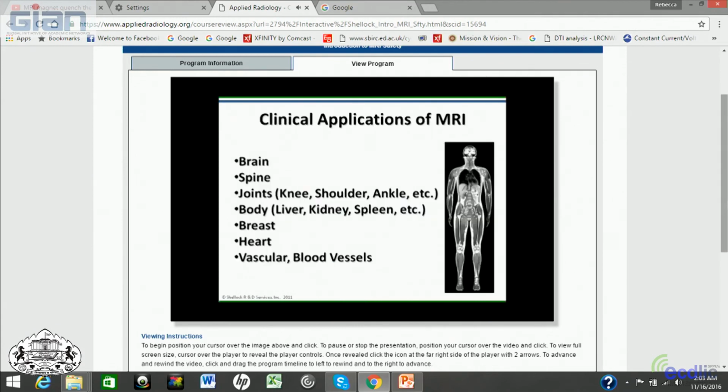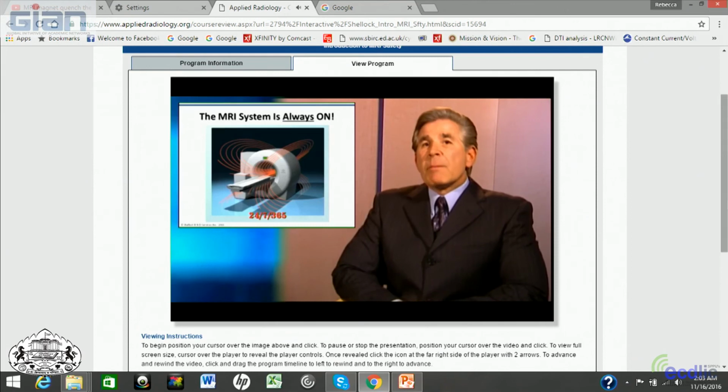Magnetic resonance imaging is commonly used to image the brain, spine, and joints, such as the knee, ankle, and shoulder. One of the important things for you to remember is that even when the scanner is not operating to image the patient, the powerful static magnetic field is always on, and therefore, the potential hazards and dangers associated with the scanner's magnet are always present.